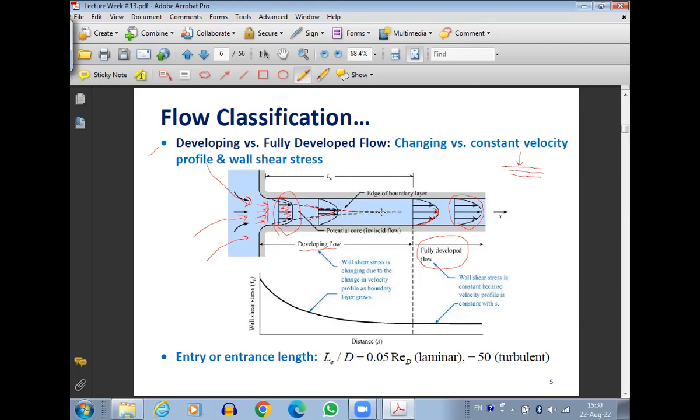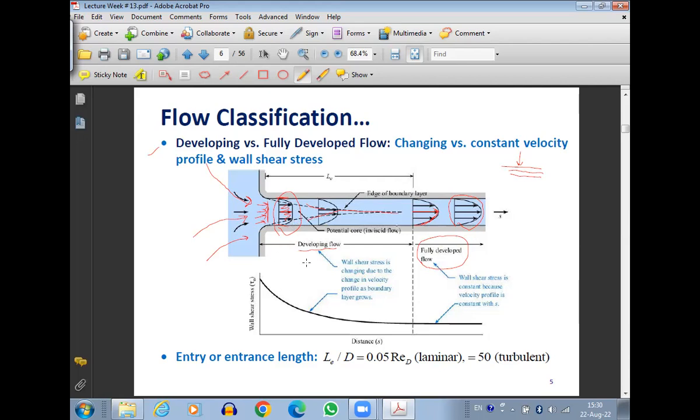A time comes when the inviscid flow region vanishes. When it is fully developed flow, there is no inviscid flow region, so viscous effects are there from the top to the bottom over the entire cross section. In the developing flow, you have these inviscid flow regions where the viscous effects are not there.